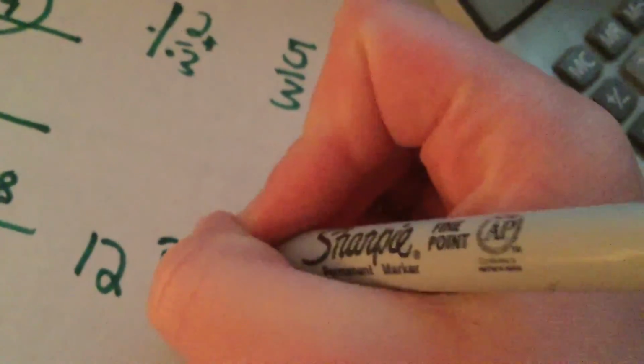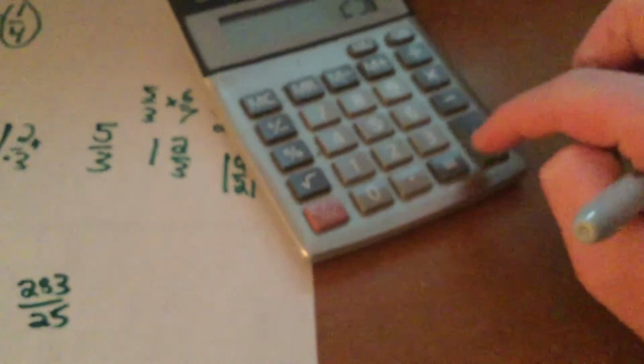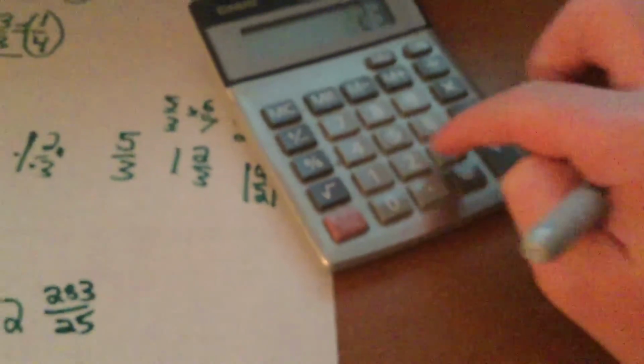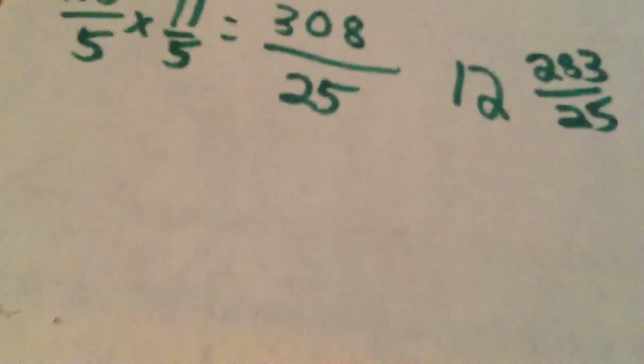So now we have to do 308 minus 25 to see what's left over, which is 283. And we can see if this is right: 12 times 25 plus 283. No, that doesn't make sense. I don't know what I did there.